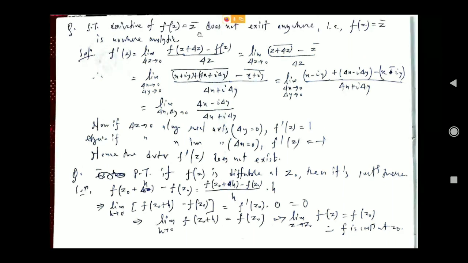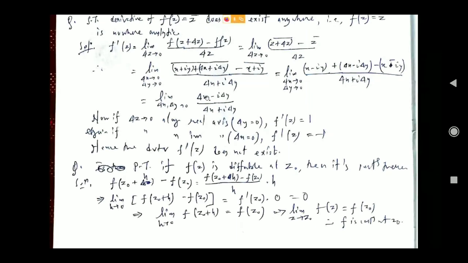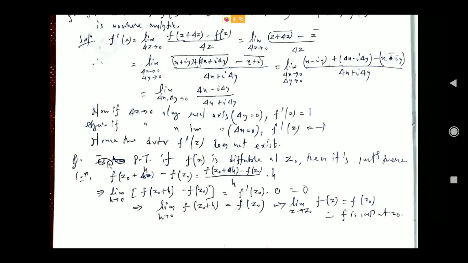So we have shown here that the derivative of the function f(z) equal to z bar does not exist anywhere. So it is not analytic. Next, another result to prove: if f(z) is differentiable at a point z0, then it is continuous there.